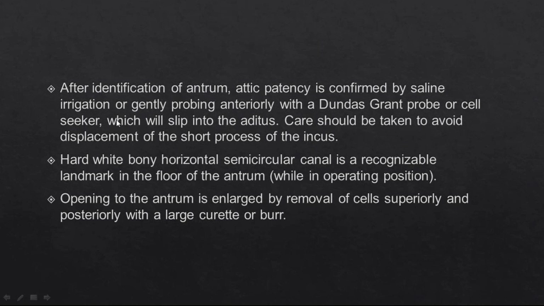So once you go on drilling, you remain posterior superior to the spine of Henle. Here you are planning to do an MRM, but still you are preserving the canal wall till the end. Why? Because of two things.